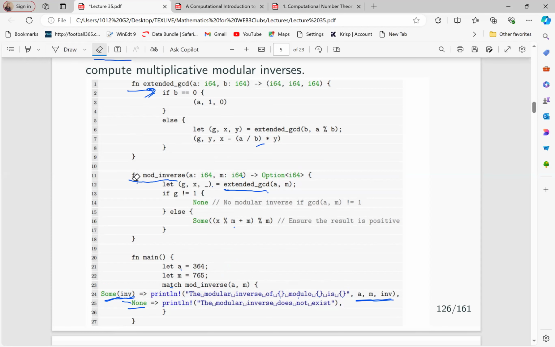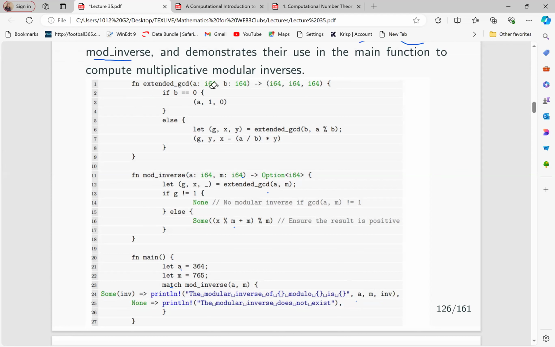And the mod inverse function knows that the extended Euclidean function should first of all work out the GCD and then express that GCD in terms of constants x and y, coefficients x and y.